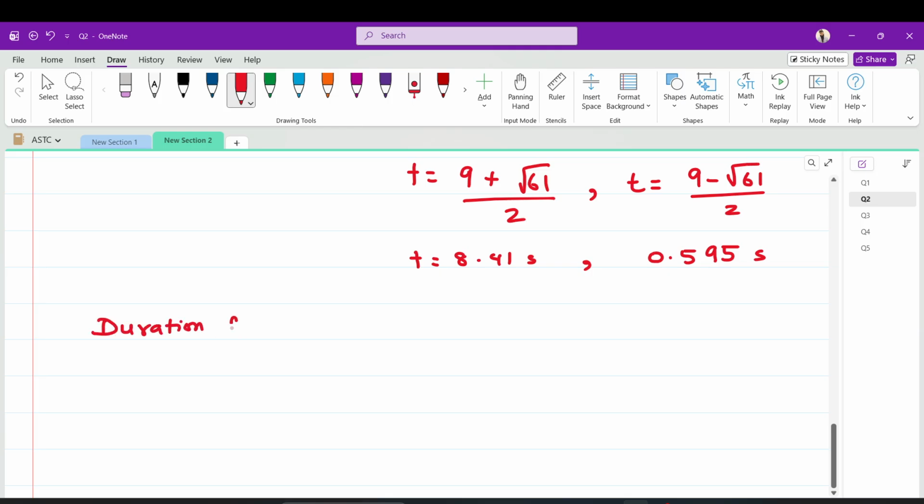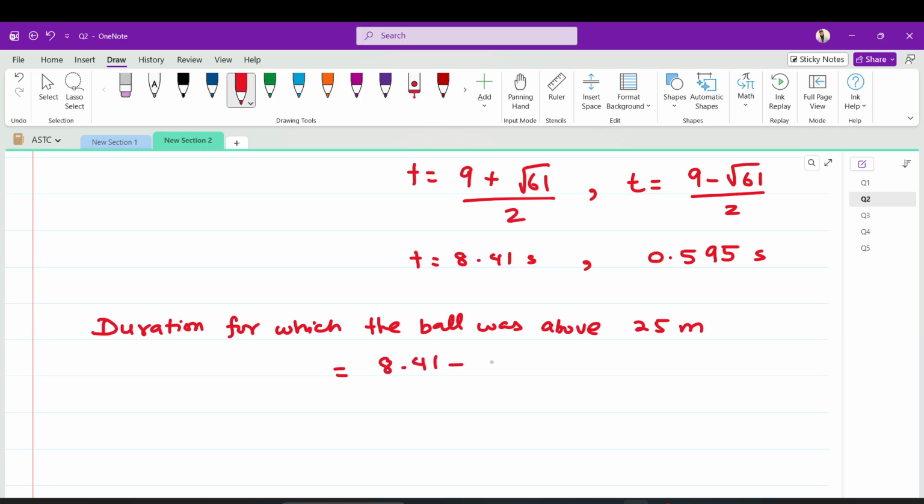Duration for which the ball was above 25 meters equals 8.41 minus 0.595, and when I work this out I would get 7.82 seconds.